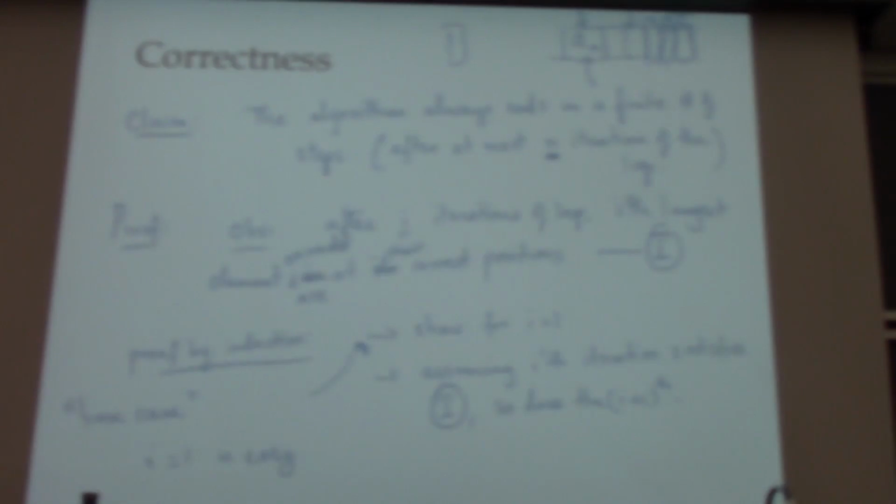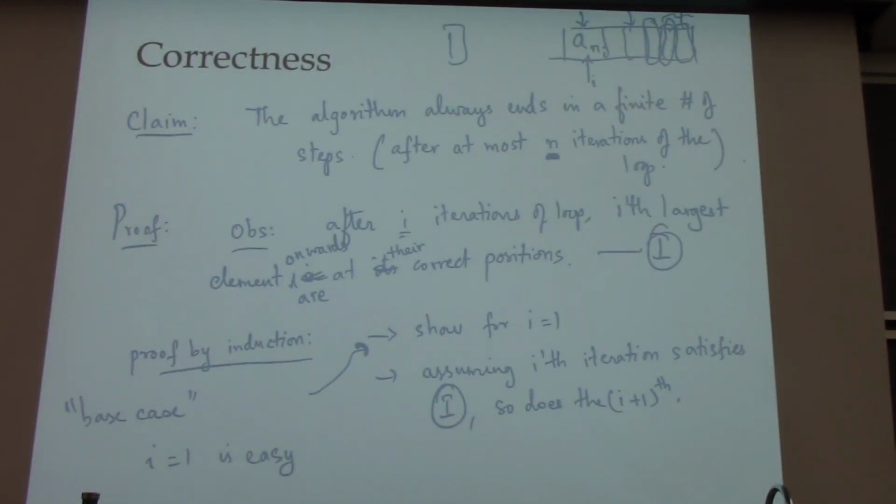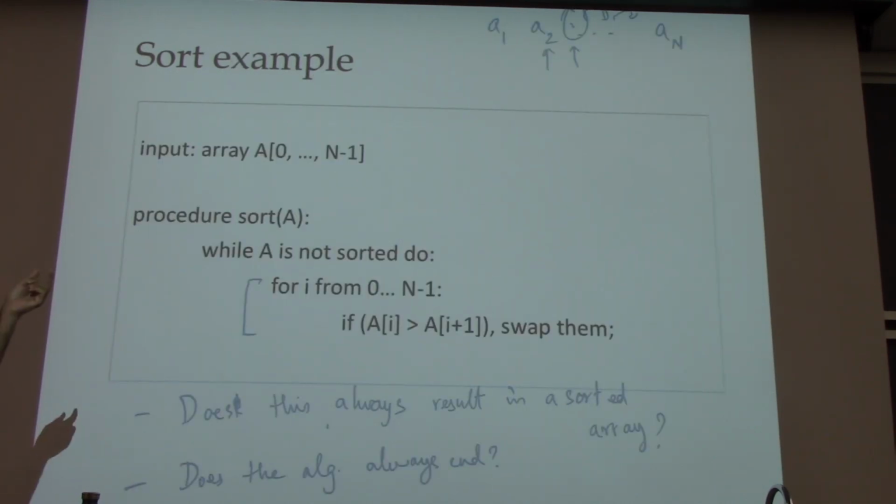Okay, so here we want to show, assuming until the ith iteration this property held, that it holds for i plus 1. So how do we formally write this to prove the base case? What statement should we write? Yeah, so to prove the base case, what you would say is, look at where the largest element was, and suppose it was in some position.